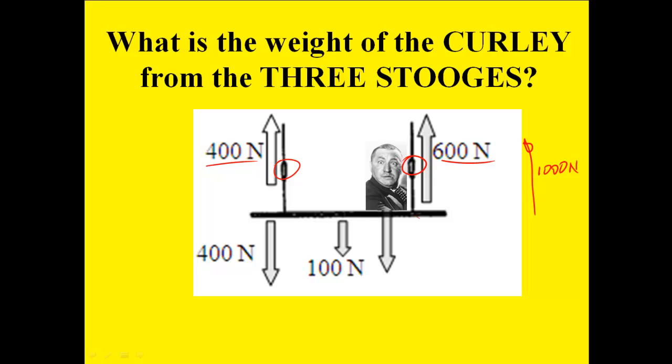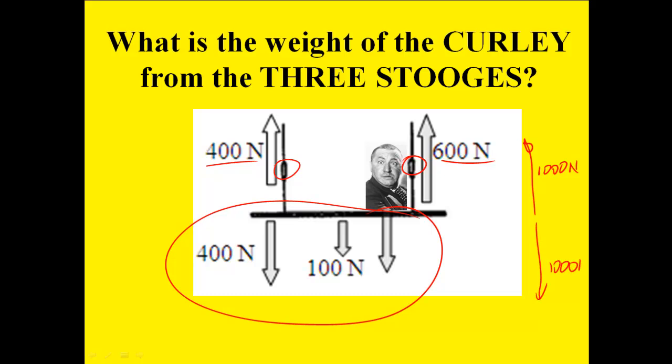He's just sitting there, so we can assume that what is up must equal what's down. So down must equal 1,000. Well, 400 plus 100 plus what equals 1,000? 500.